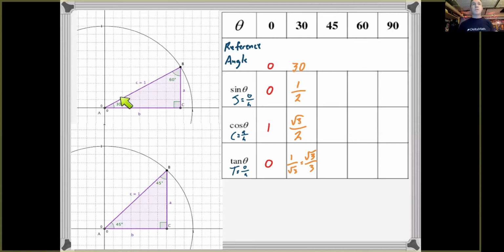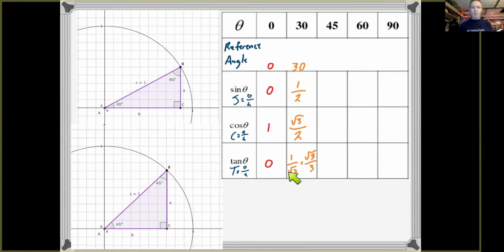Now the cosine of 30, remember, is the adjacent side over the hypotenuse, and that is radical 3 over 2. If you plug that into your calculator, you get about 0.87. And if you look, 1, 2, 3, 4, 5, 6, 7, 8, almost 9. So 0.87 is radical 3 over 2. Then the tangent of 30 degrees is 1 over radical 3, but that's not a rational denominator.